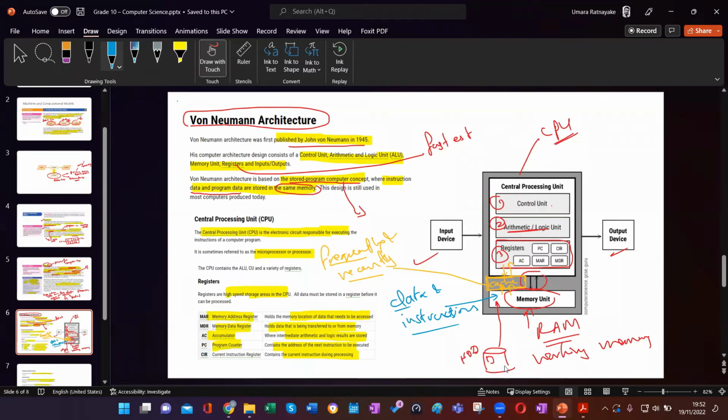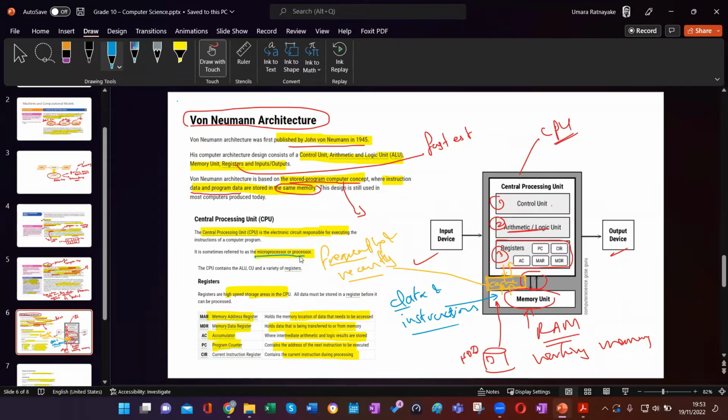Secondary storage was actually there at that time, but it was only magnetic tapes, and every time they had to put the tape and read it, but it was serial access, not fast at all. But with this design, we had the hard disk drives and other permanent, fast storage units.